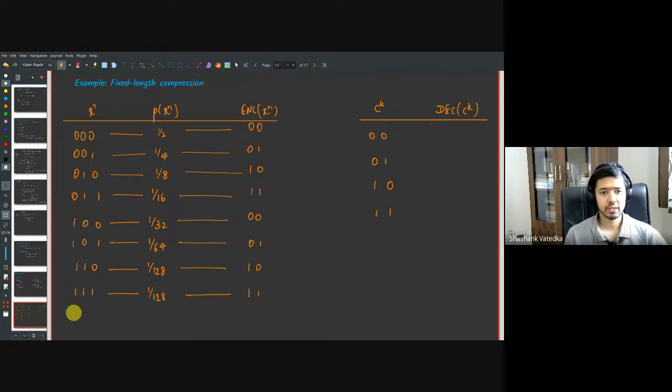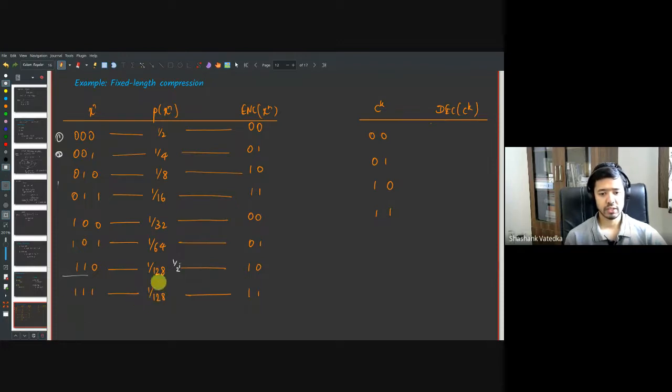For this example, let us take the probability of 000 to be 1/2, the probability of 001 to be 1/4, 010 to be 1/8, 011 to be 1/16, and so on. These are the probabilities of occurrence of each of these sequences. Essentially, if this is sequence number 1, this is sequence number 2, and so on, then up to this point the probability of occurrence of the sequence is 1 over 2 to the i, where i means that this is the ith sequence in this particular order.